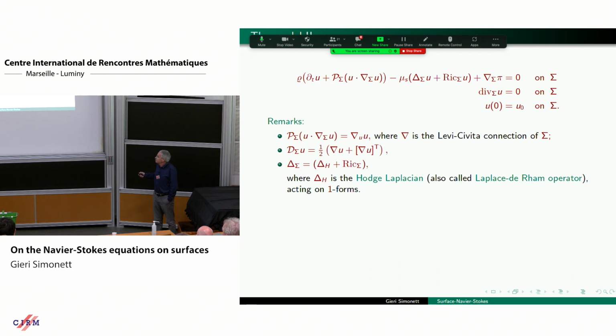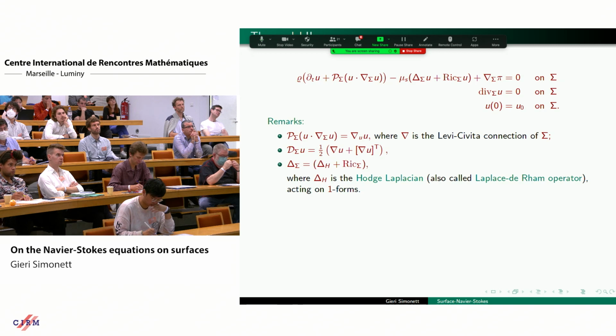Now, there is an important connection between what we call the Bochner Laplacian, or some people call it the connection Laplacian, or the rough Laplacian, and the Hodge Laplacian. In some papers, this has been used.